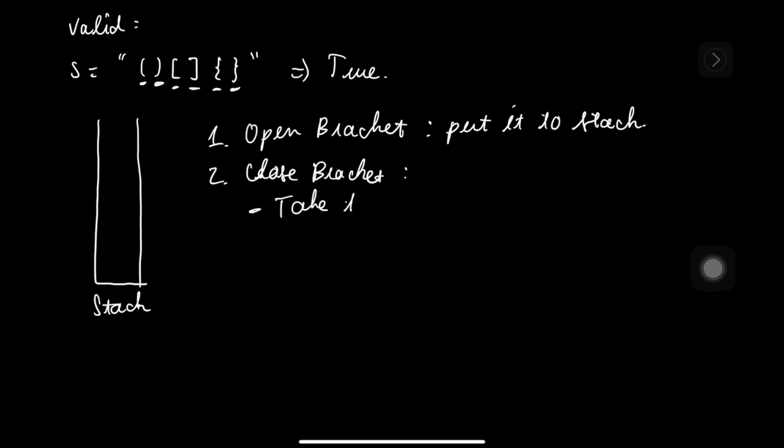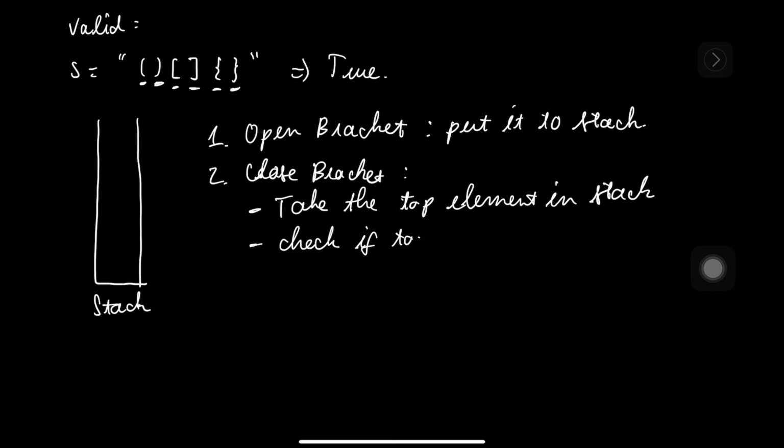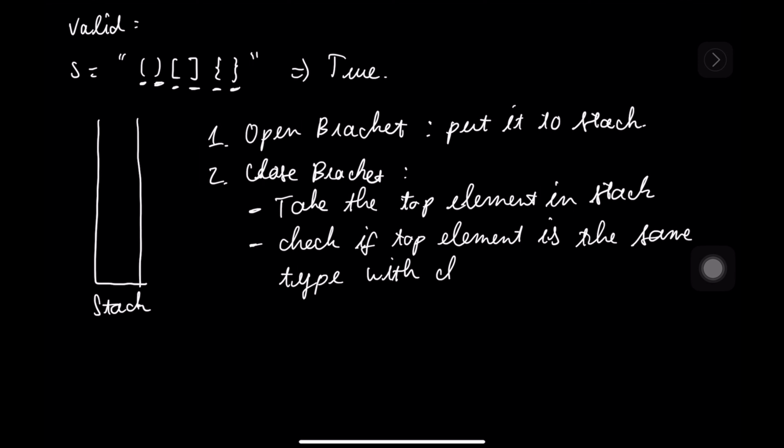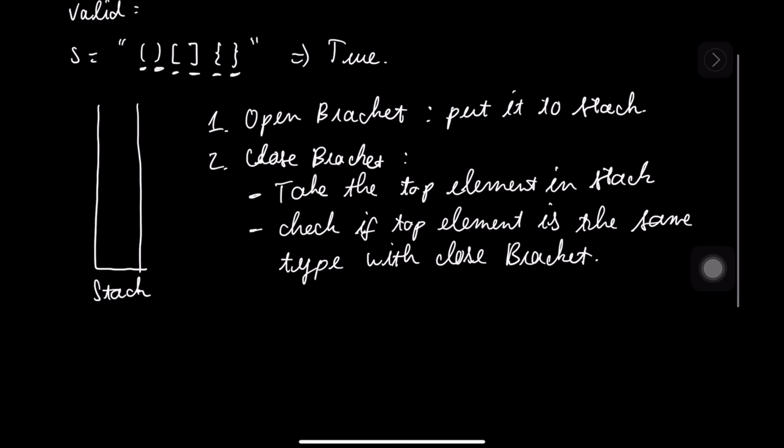Take the top element in the stack, and when we take it out, we check if the top element is the same type as the closing bracket. If it's the same type, we continue, and if not, we can return false.